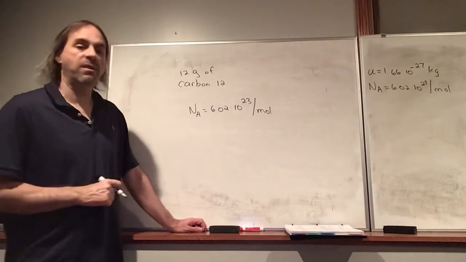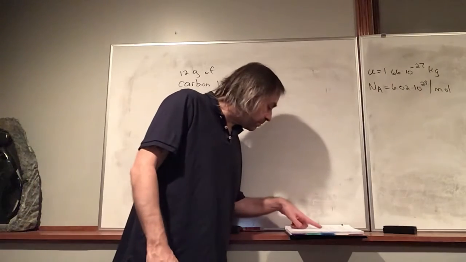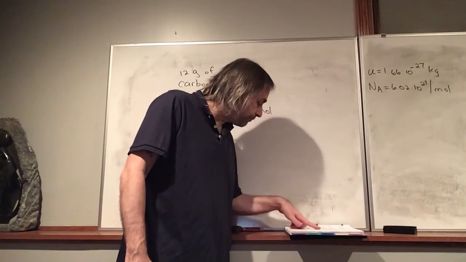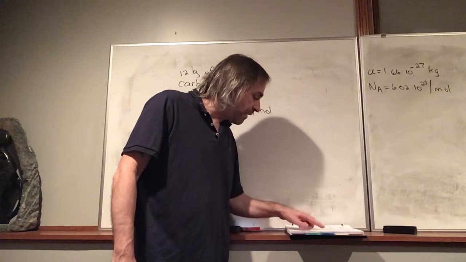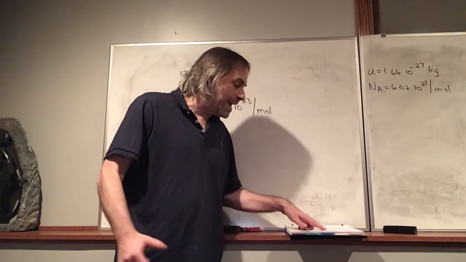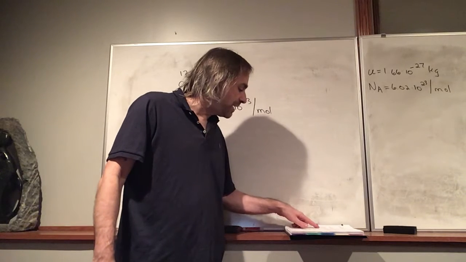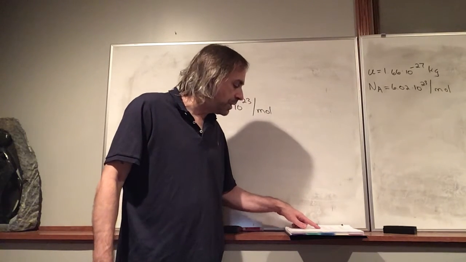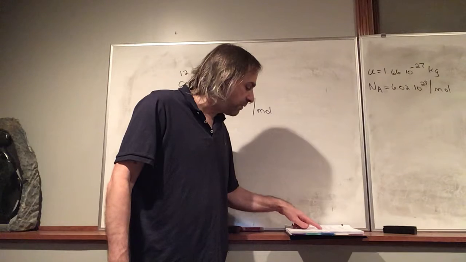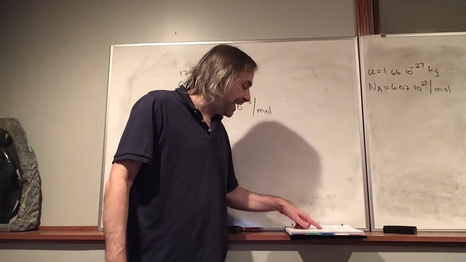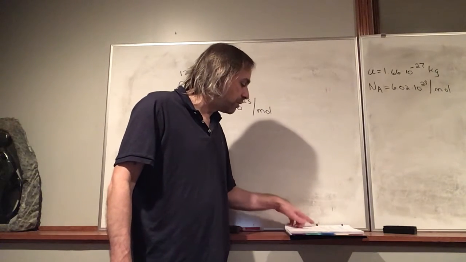But let's get to the subject of moles. I'm going to read the precise definition. It's also called the gram mole. It says 1 gram mole of a substance contains as many particles as there are atoms in 12 grams of carbon 12.